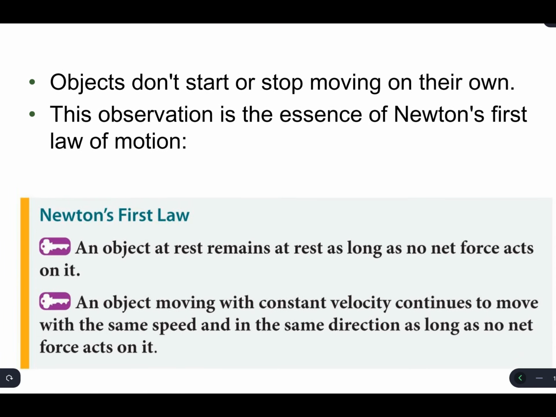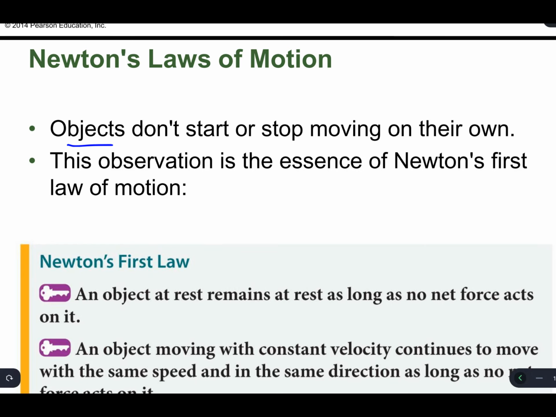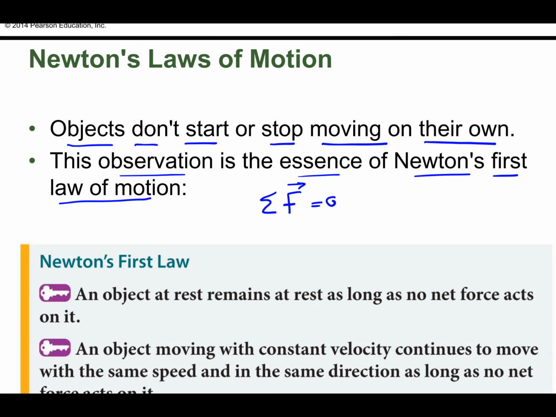Let's go to the next slide, Newton's laws of motion. Objects do not start or stop moving on their own. This observation is the essence of Newton's first law of motion. So when the summation of forces equals 0, we are dealing with Newton's first law.